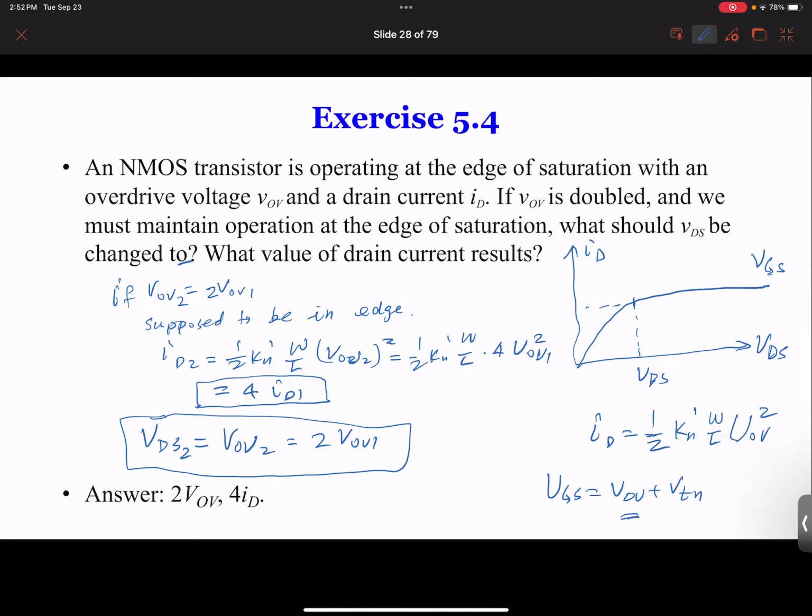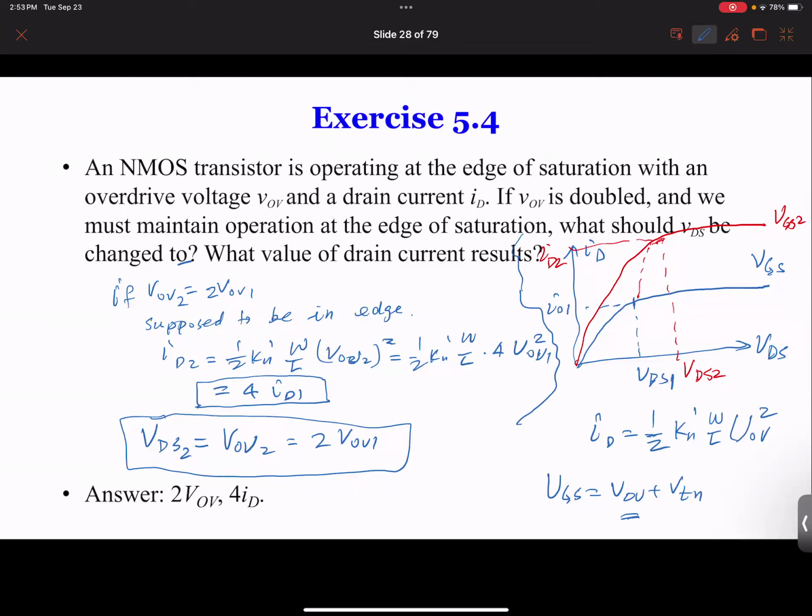So you increase VOV, VGS is going to increase. On the diagram, you're going to see another curve with VGS2, which here is ID2, and here is VDS2. And the blue one is VDS1 and ID1.